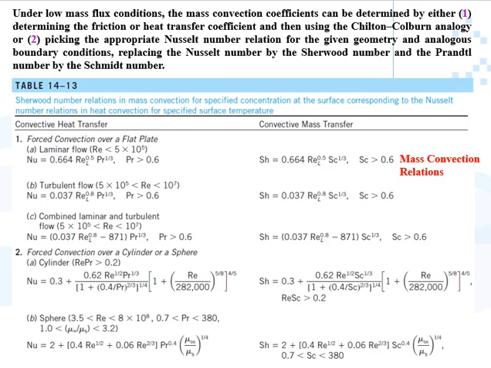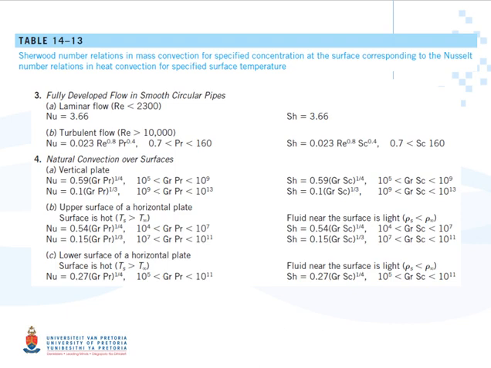There are more with different conditions, fully developed flow in smooth circular pipe, natural convection over surfaces, and you can see, but for natural convection we are not talking about Reynolds, it's Grashof and Prandtl, and for natural mass convection we are talking about Grashof and Schmidt.